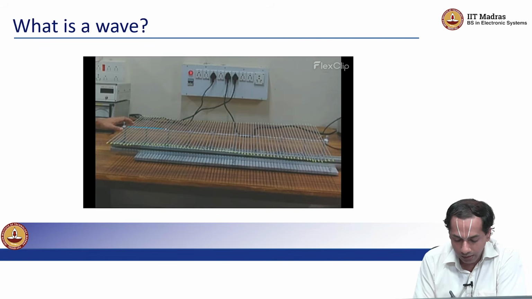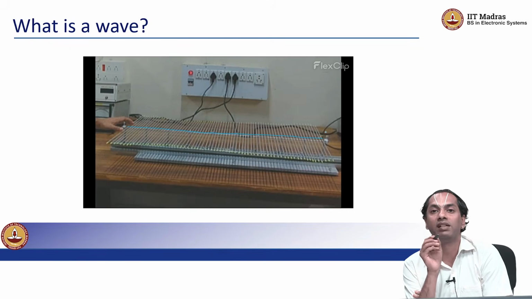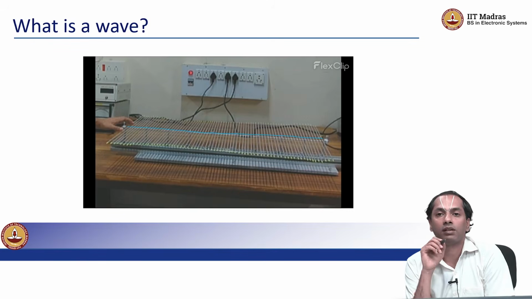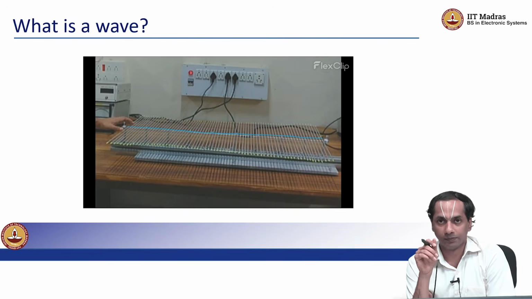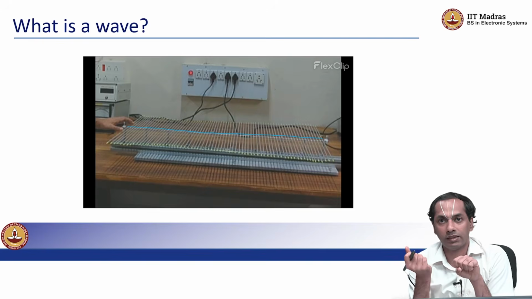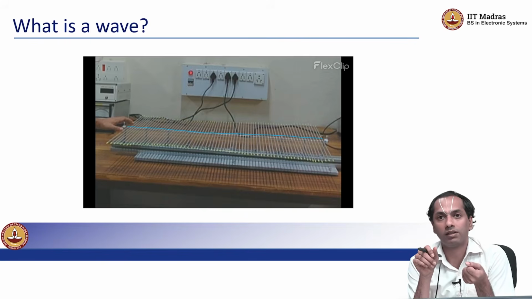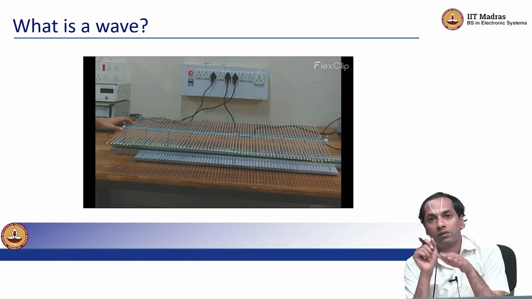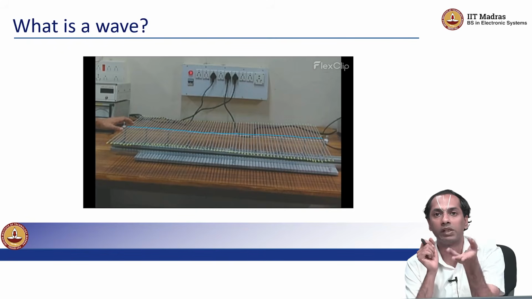There's a very thin wire at the center of this contraption that is made out of steel, and this wire can be twisted. When I twist the wire from one end, this twist will propagate along this wire. This is a mechanical wave.